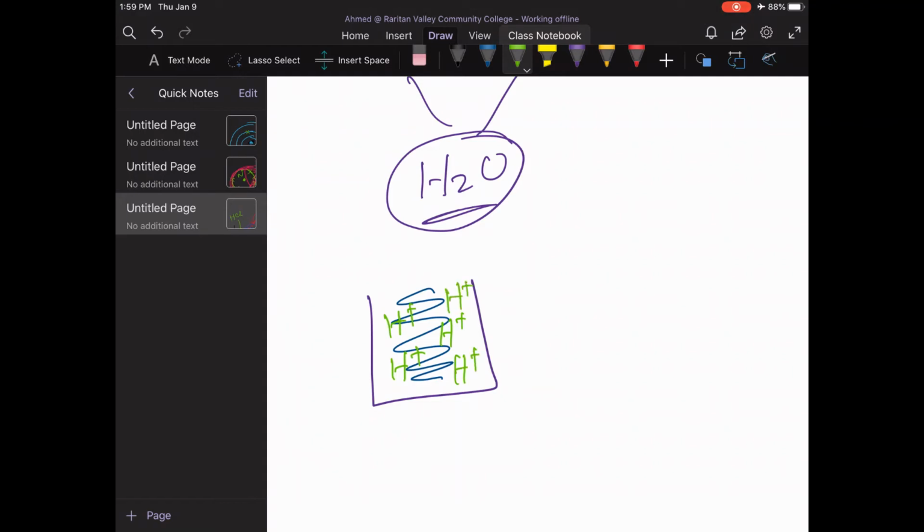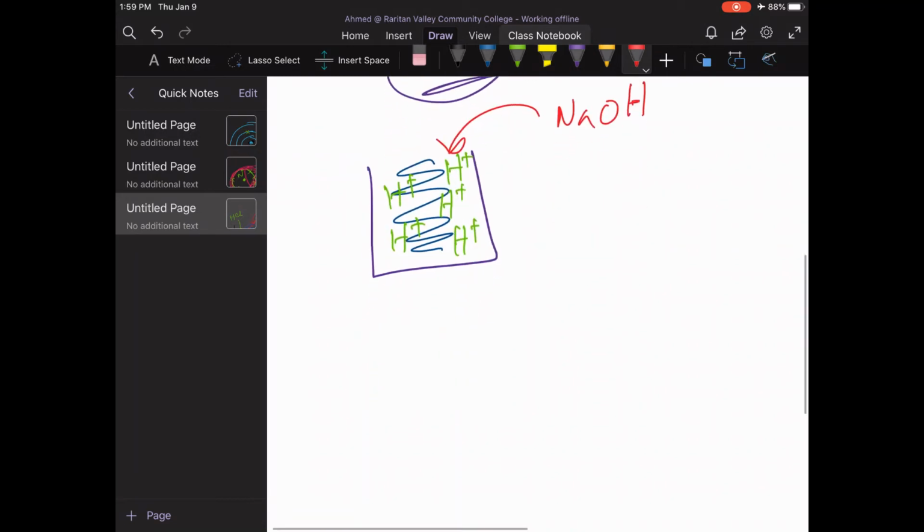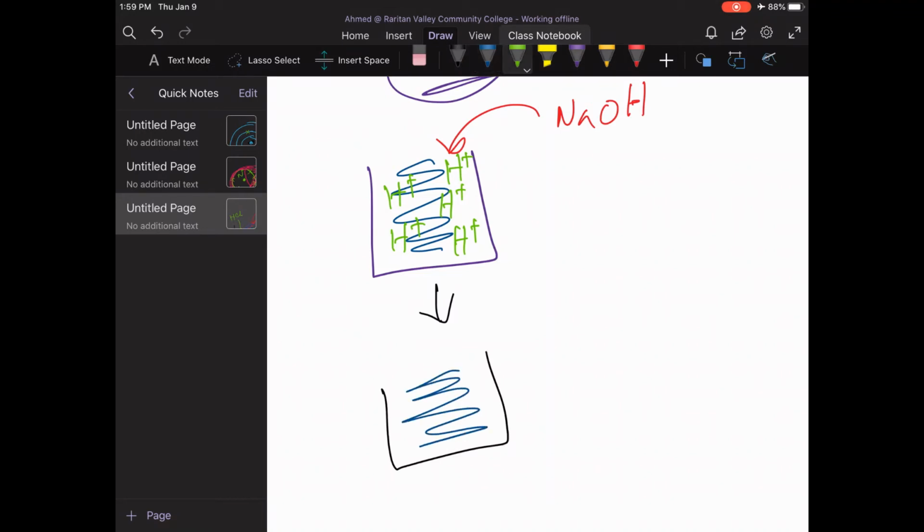And I put NaOH into this cup of water and I see the reaction. After the reaction is done, I count how many hydrogen ions I have, and it's only 1. So where are the other 4? All taken by the hydroxyl group.